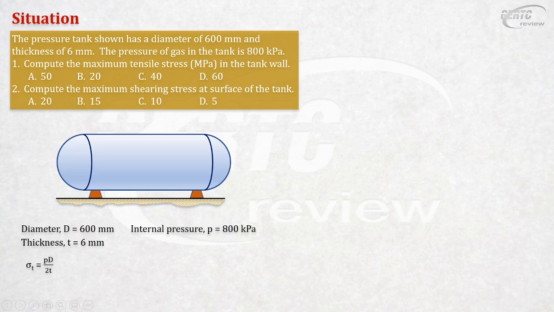Kasi baka cancel yung D tsaka T. So, taking P in megapascal, so 0.8, times 600 yung D over 2T. So, that will give you 40 megapascals. Okay? So, that is your answer in part 1. Maximum. Now, the longitudinal naman is PD over 4T. And obviously, that will be 1/2 of that. So that should be 20. By the way, sa review namin, in-explain ko pa yan.